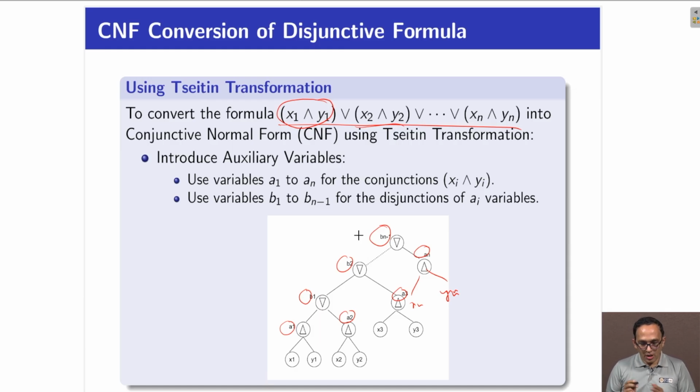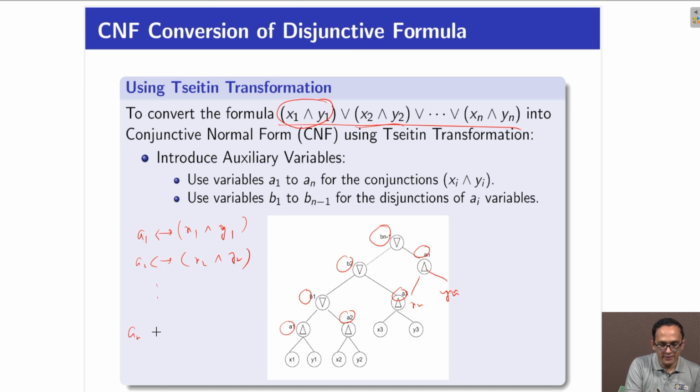Okay. So, now the clauses are very simple. You have clauses like A1 implies x1 and y1, then A2 implies x2 and y2, this way An implies xn and yn. So, this I will get for A1, A2, A3 to An.